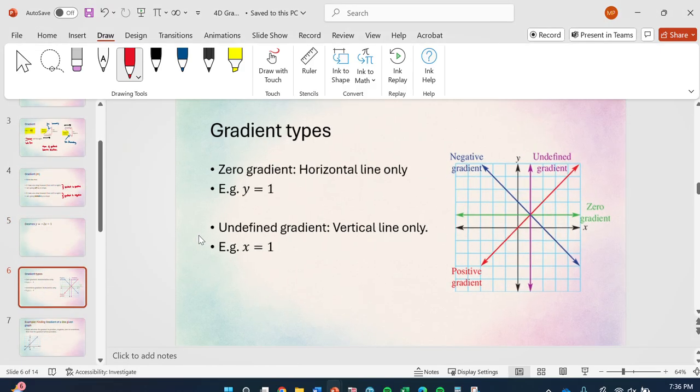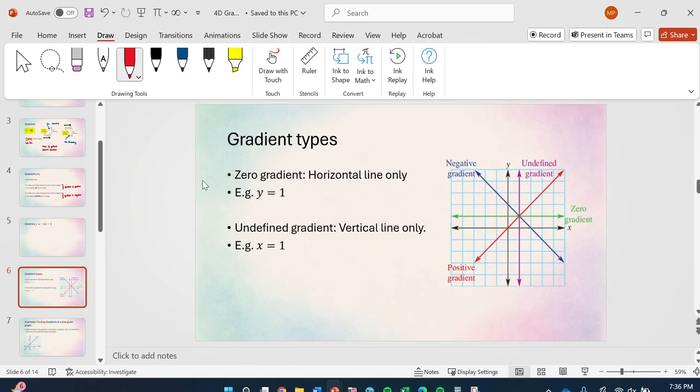Now, here are some different types right here. You have something called a zero gradient. A zero gradient is literally the horizontal line only, which is what I taught you in chapter 4C. Now, the general equation of a horizontal line right here was y equals c. Okay. So looking at my line right here, I'm just going to assume every step is 1.